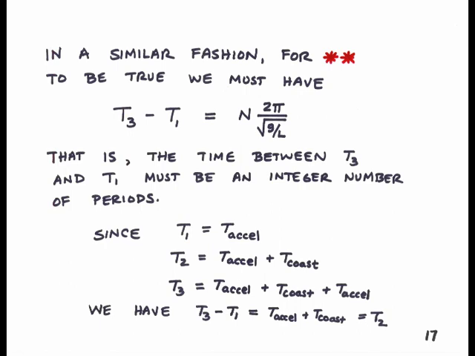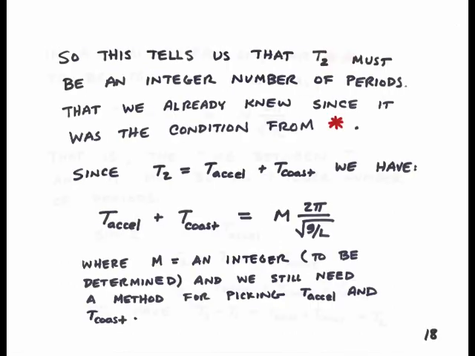So the expression we have at the top of the page here says that t2 must be an integer number of periods. But we already knew that from condition star. So equation double star does not really tell us anything different than equation star. It's not a separate condition. It in fact is the same condition.